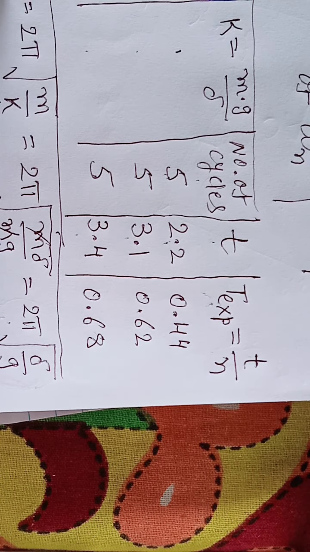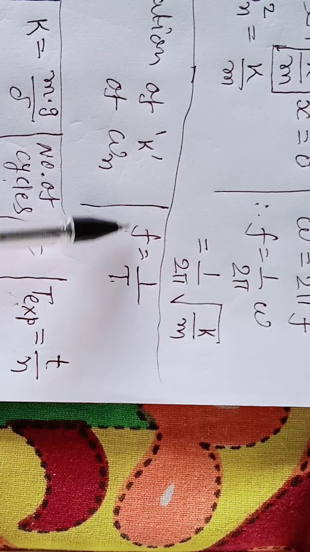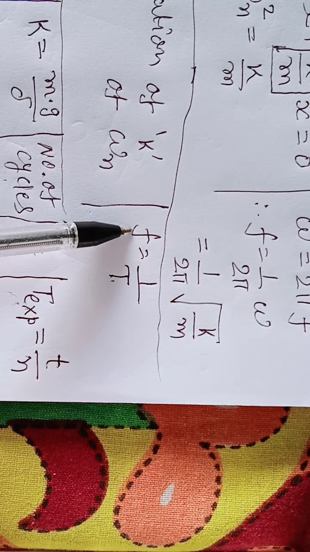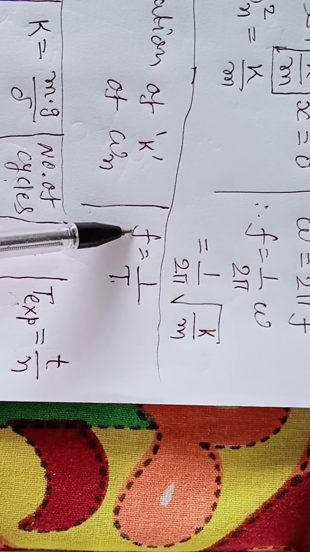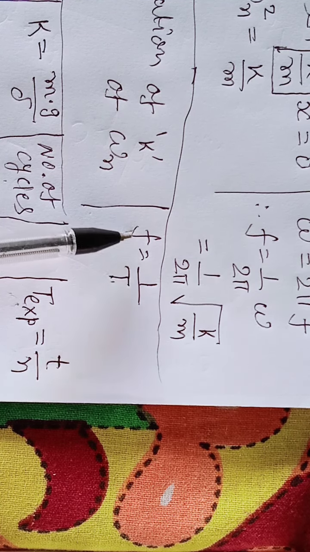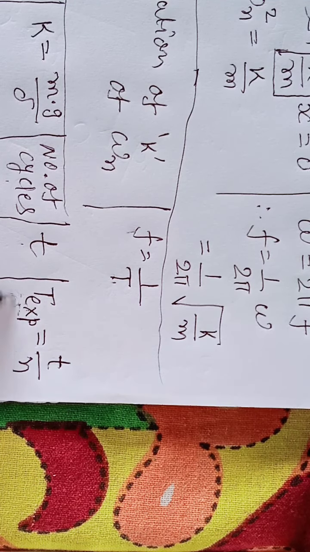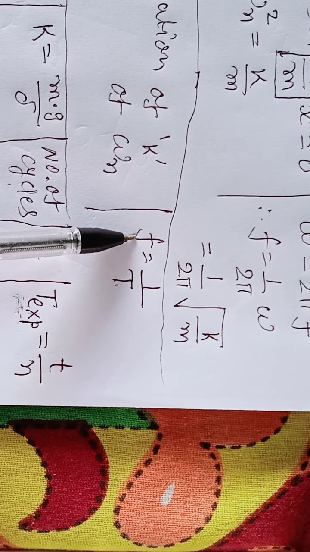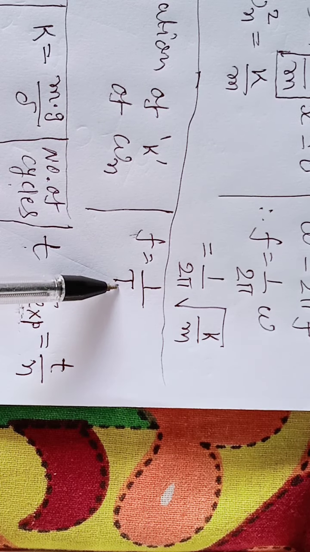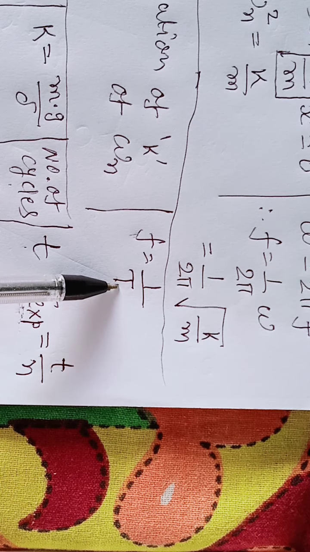So with T theoretical and T experimental, we can have frequency experimental and frequency theoretical. Frequency experimental is 1 upon T experimental, and frequency theoretical is 1 upon T theoretical.